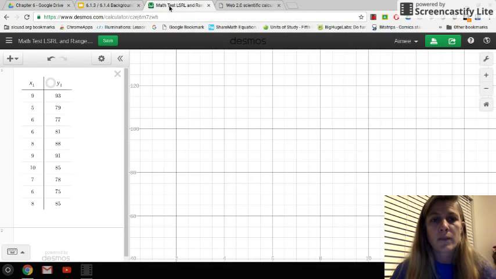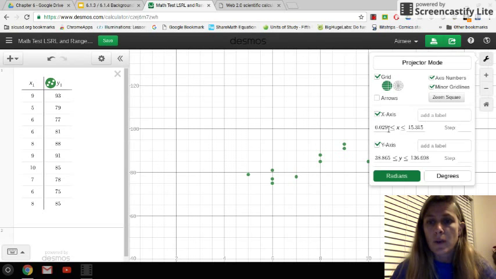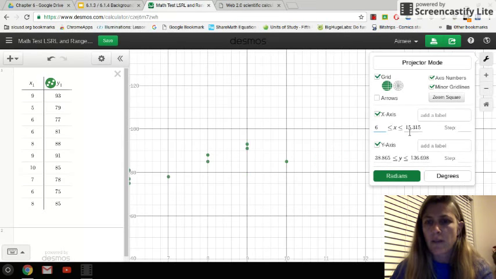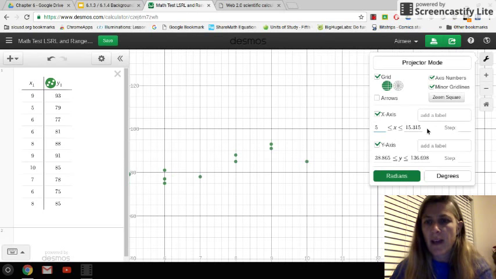If we take a look at Desmos, here we have all of our data points that we've put in, and then we need to change over here our graph settings to make sure that we have the correct domain and range. I look at my x values, and I see that they are between 5 and 10, so we're going to change our x values to be between 5 and 10.